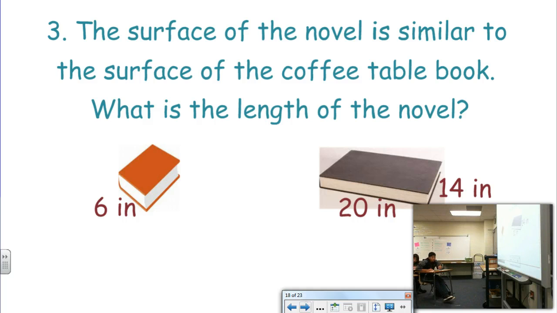It says that they're similar, and you just want to find the missing length of the novel, the smaller one. Make sure your answer has units, since our problem has units. When I say units, I mean like inches, feet, centimeters, miles.